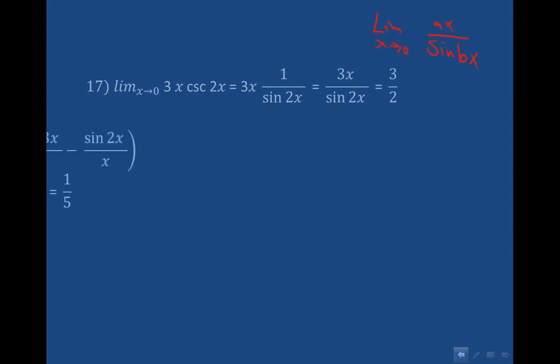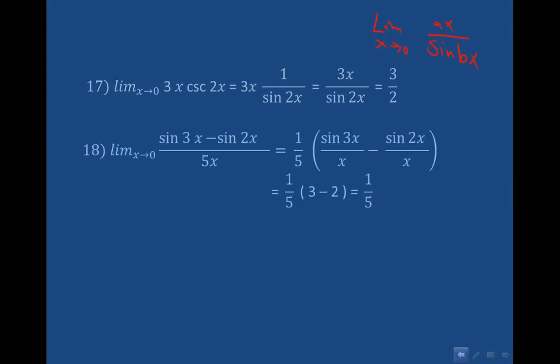Another problem. Limit when x tends to 0 of sine 3x minus sine 2x over 5x. I'll separate this algebraic fraction as we did before into 1 over 5 multiplied by sine 3x over x minus sine 2x over x.